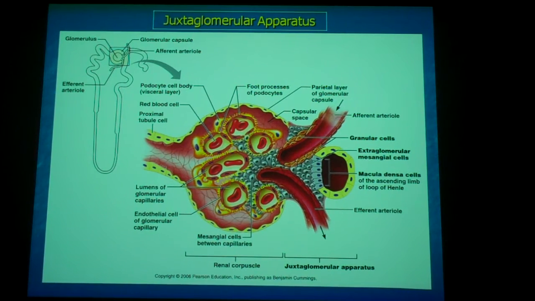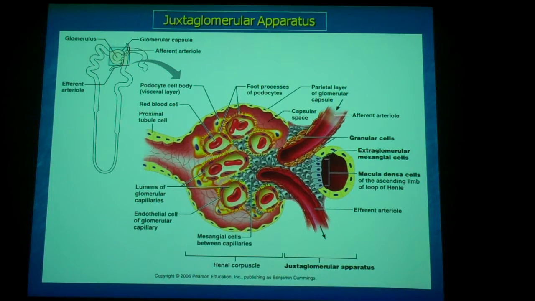All right, now let's identify some other things that are in here. These gray cells are called mesangial cells. They have a lot to do with constriction and dilation of the capillaries. So they can adjust flow through the capillaries.